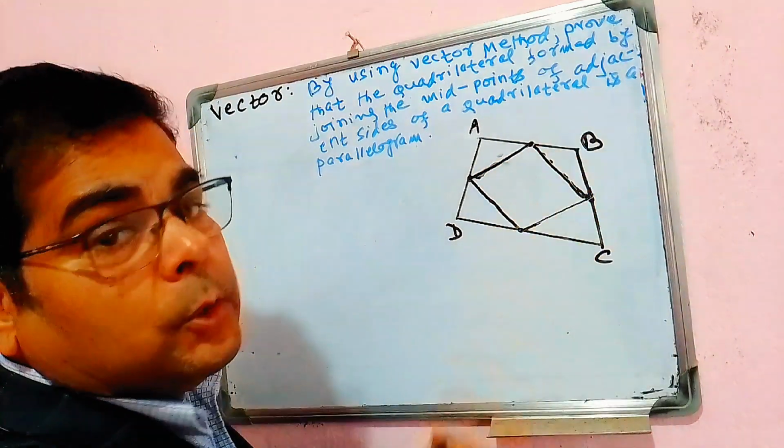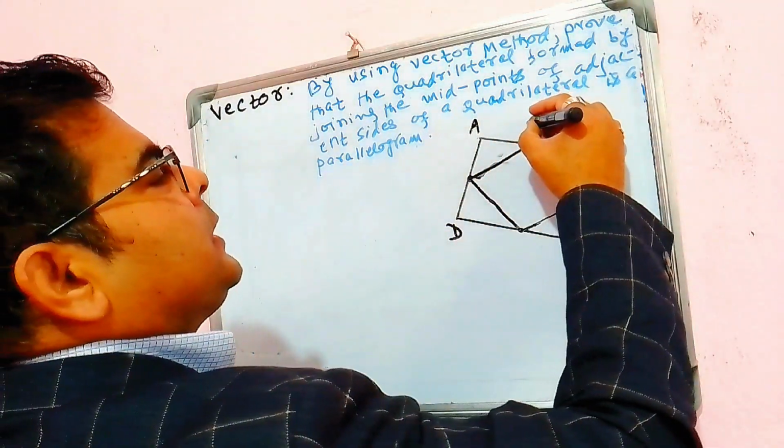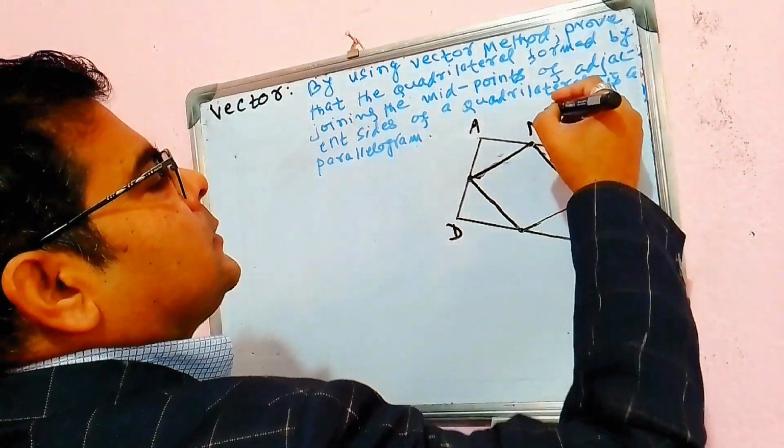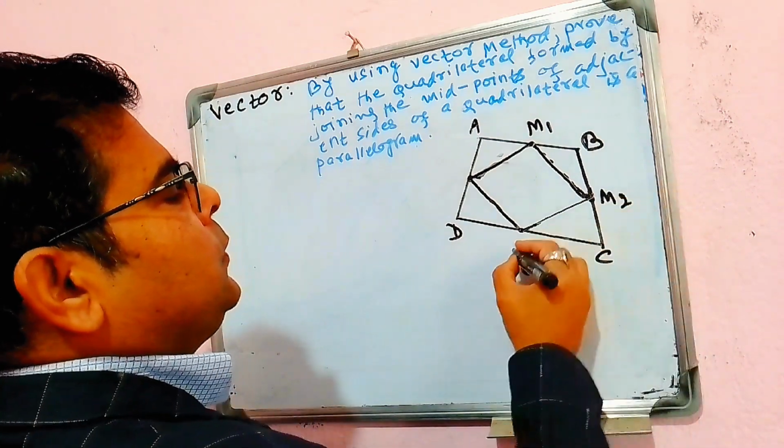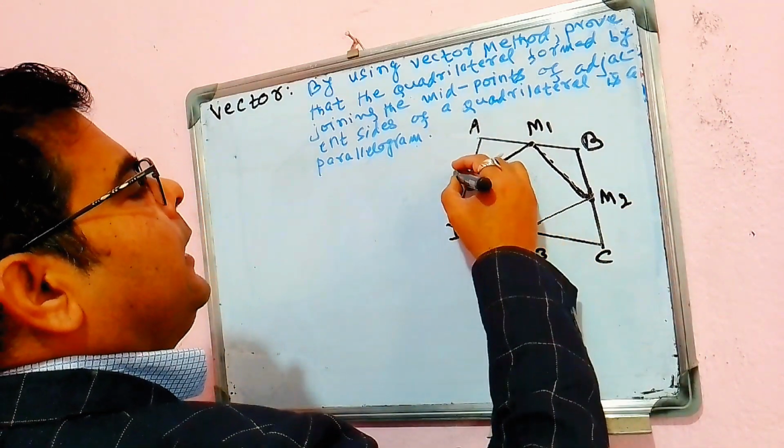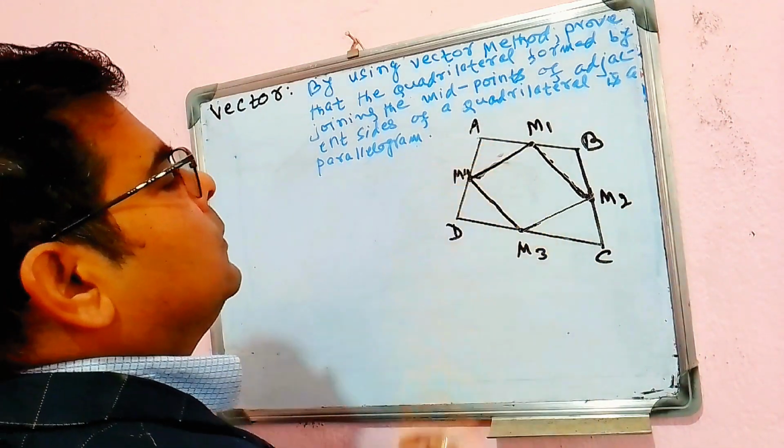You can call them PQRS, or otherwise M1, M2, M3 and M4.